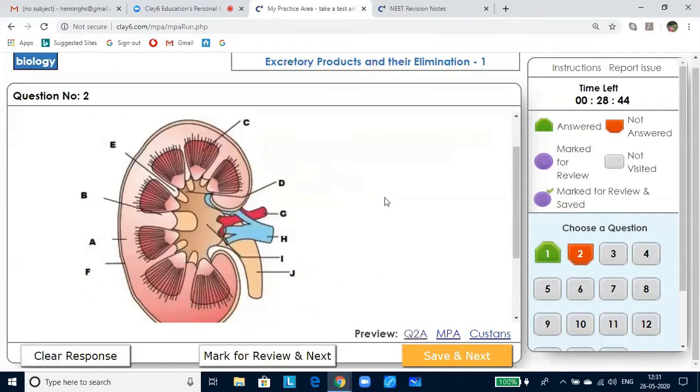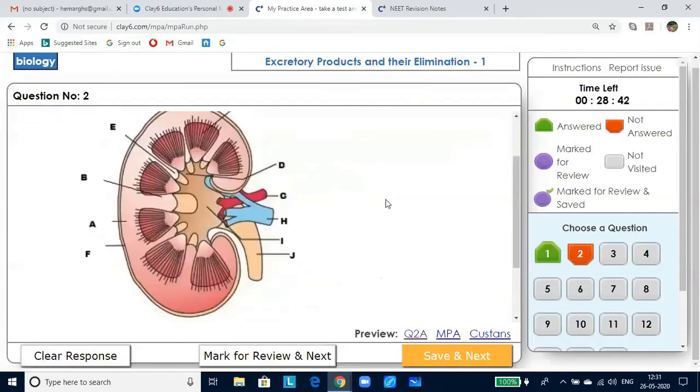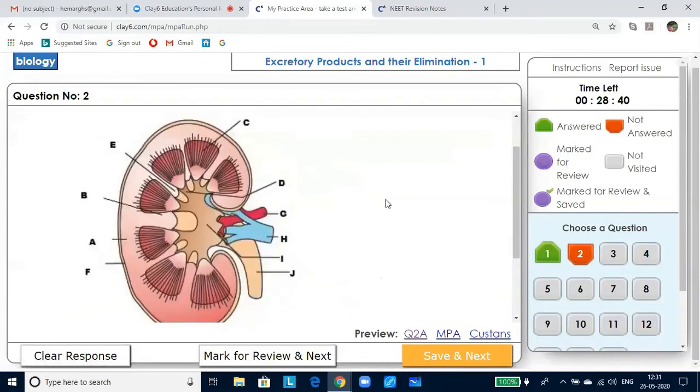Identify F, G, H, I and J in order. So what is F? F is renal capsule, G is renal artery, H is renal vein, I is renal pelvis, J is ureter.